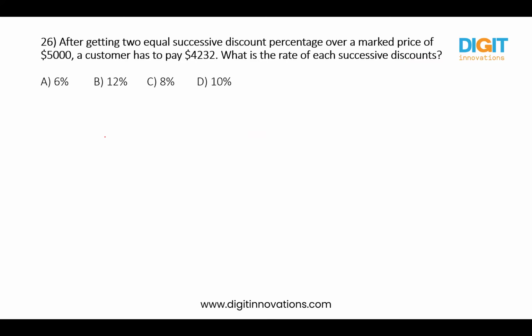After the first discount, 5,000 times (1 minus x by 100), for 2 equal parts, squared, equals how much you finally got, 4232.